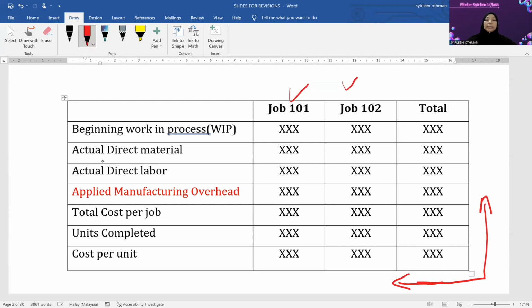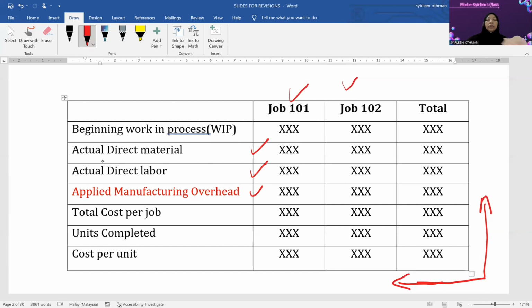Usually in the table we will have direct material, direct labor, and applied manufacturing overhead. For the one in red, your applied manufacturing overhead, you are required to find the POR first, and then multiply it with the actual data for the basis.